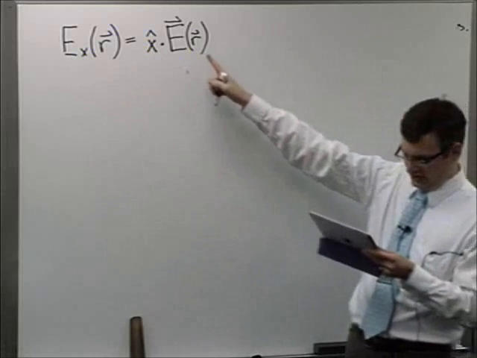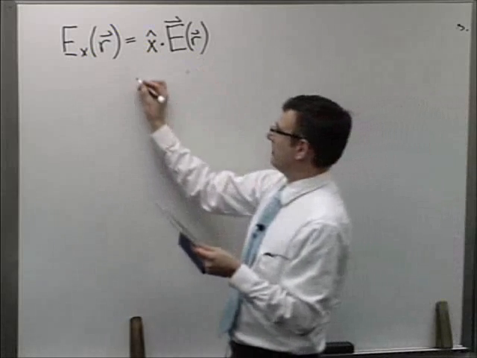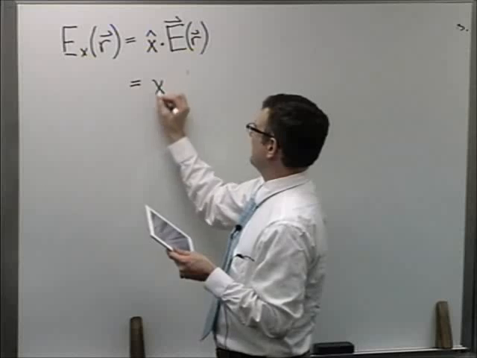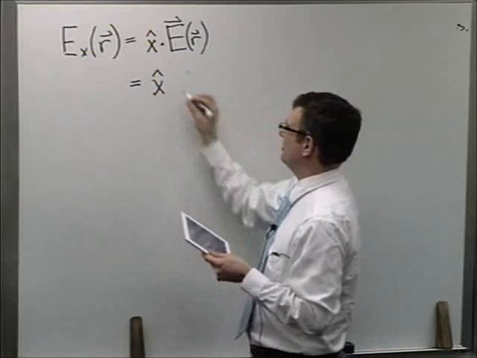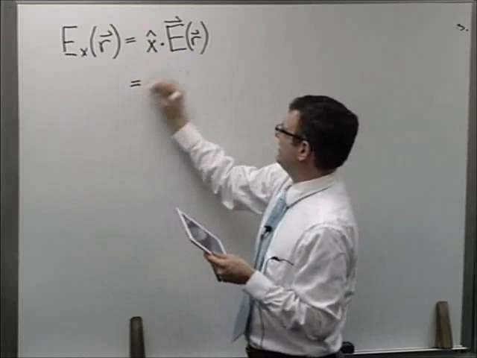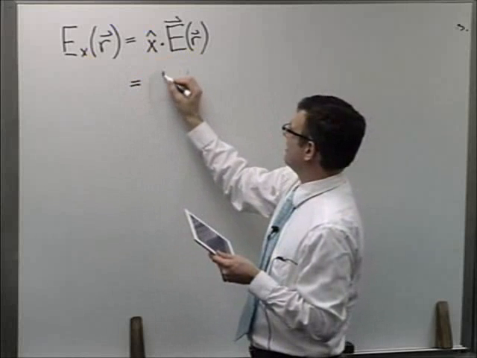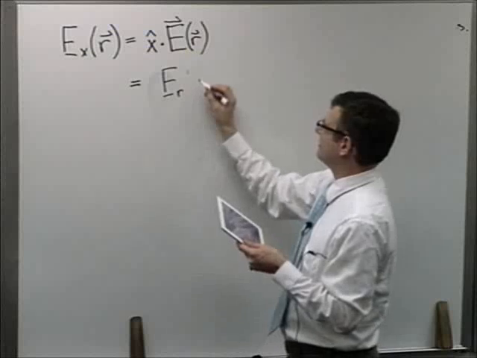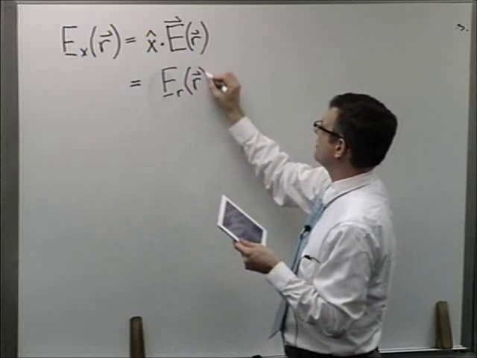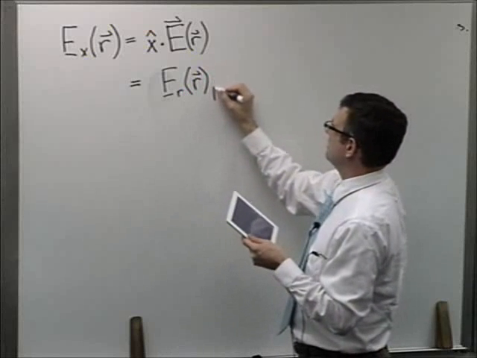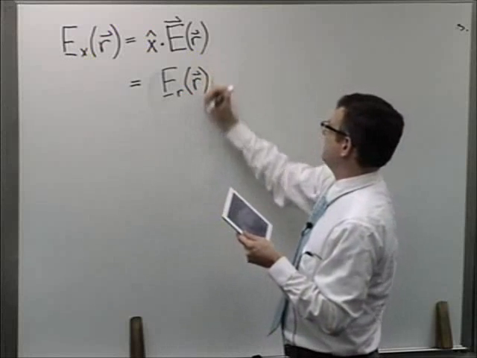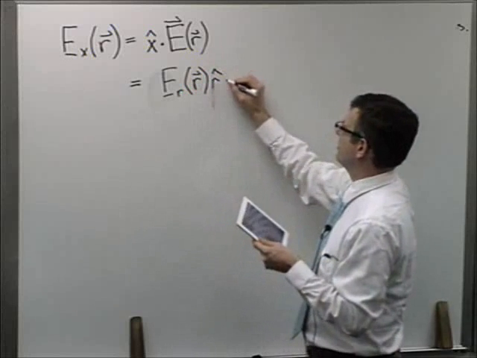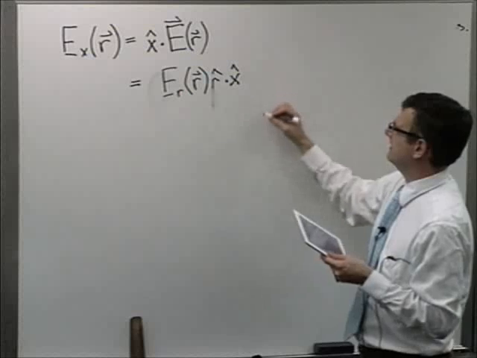Now, if this was my spherical coordinate expression of a vector, and I wanted to convert it to Cartesian, what I could write this out as is my r component as a function of three-dimensional space. And, of course, that's on the r hat unit vector, and I dot that with my x hat.